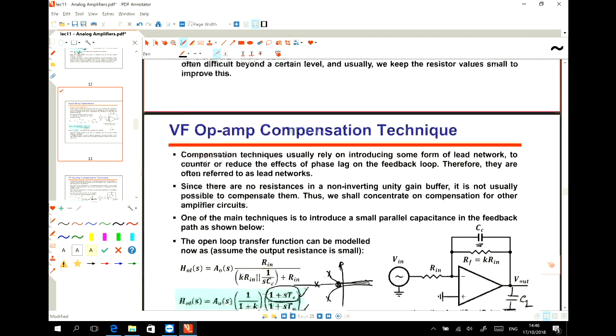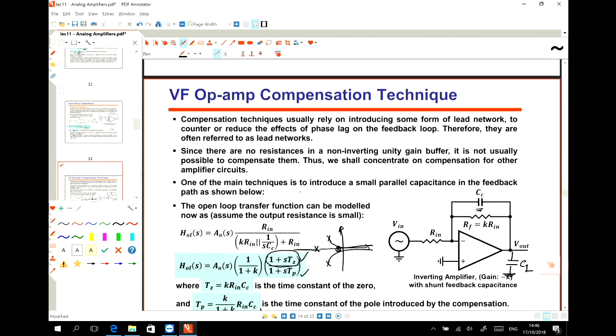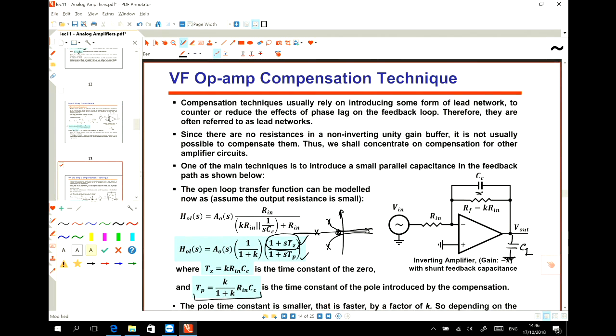And then we introduce a compensation method to get rid of the effect of these three parasitics: the output capacitance, the input capacitance, or the inductance in the feedback path, and that's a capacitance in the feedback path. So if we have a capacitance in the feedback path, it will generate a pole and a zero.